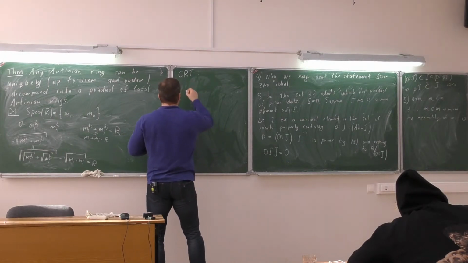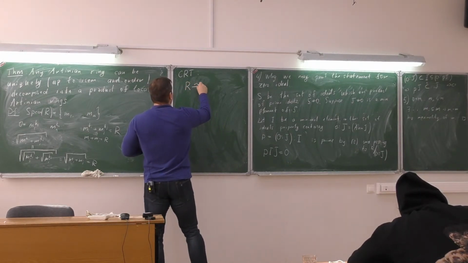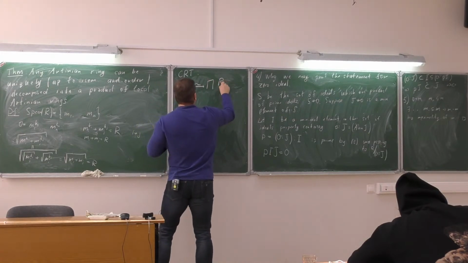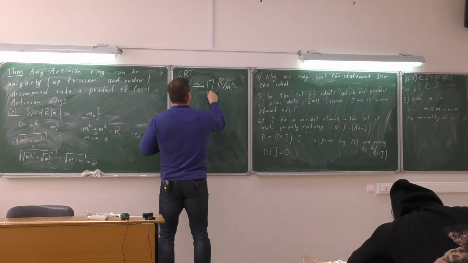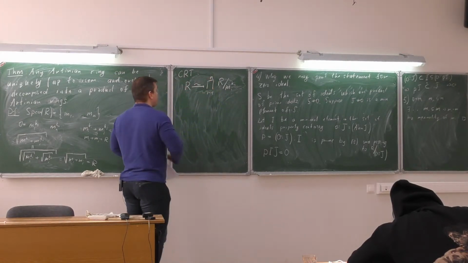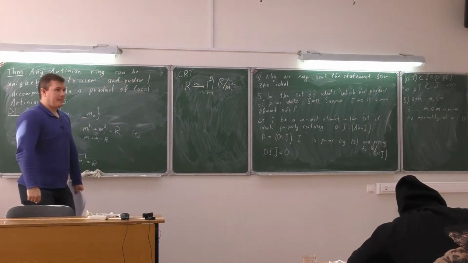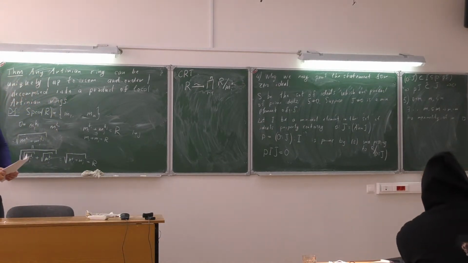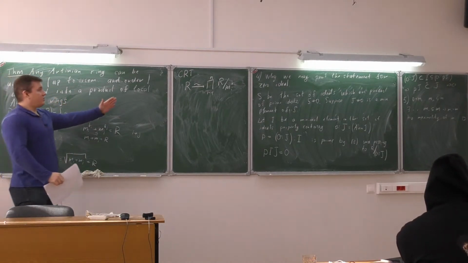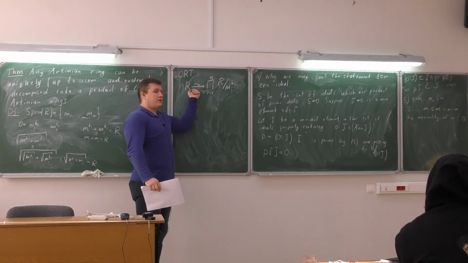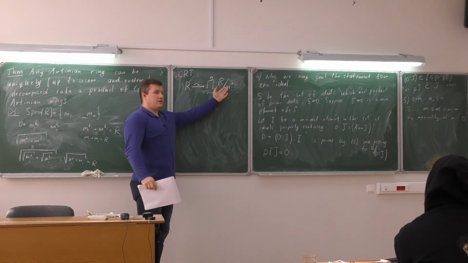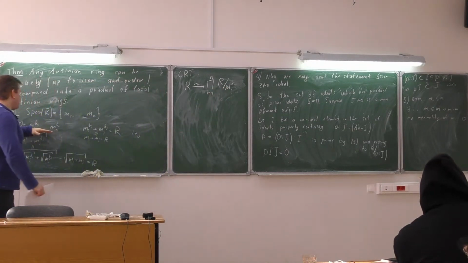The map from the ring to the product of R modulo Mi to the ki, i between 1 and n, is an isomorphism. Because the Chinese remainder theorem in general tells us that you have the isomorphism to this product of quotients, and you also have a kernel, and the kernel is the product of these ideals, but the product of these ideals in our case is the zero ideal.